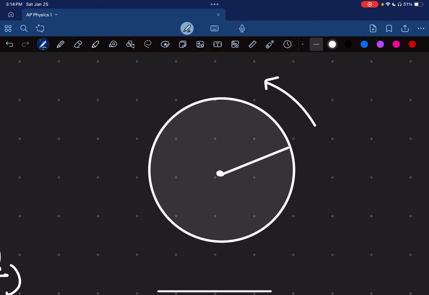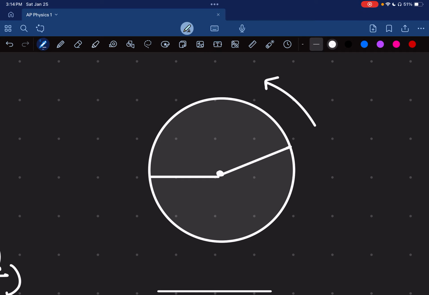Well, let's say it only rotates slightly. So at first, we just draw a line from the center to here. We say that's the initial position of the disk. And as it rotates, sometime later, maybe that same line would now be here. So it's rotated and spun around. And so now it's here.